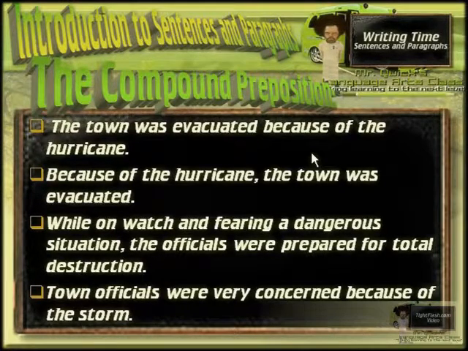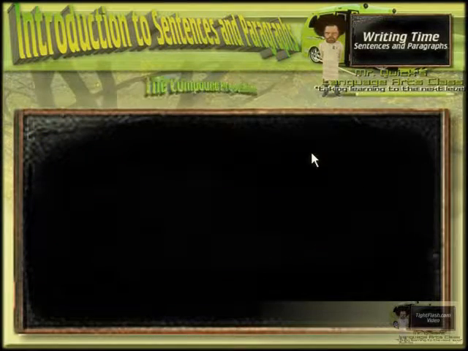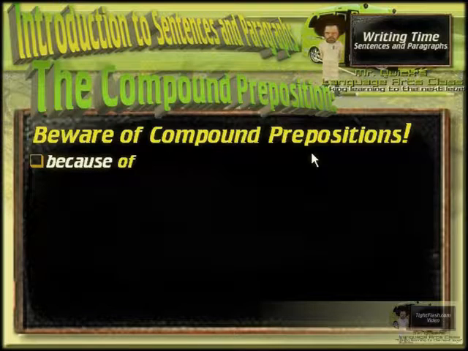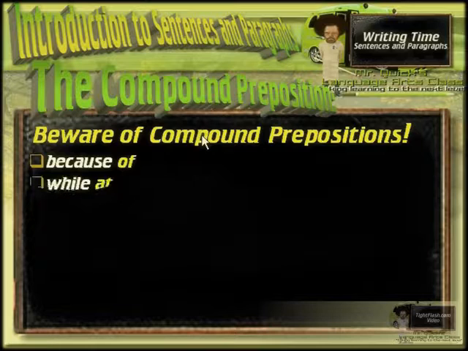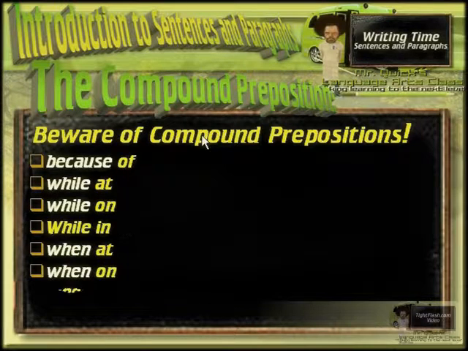But if you don't study the chart, then you really wouldn't be able to identify that that is in fact a compound preposition. And of course, if you don't know that you're supposed to have a subject-verb relationship after it, you wouldn't know that either. Okay, so just be aware of compound prepositions like because of, while at, while on, and so forth and so on.